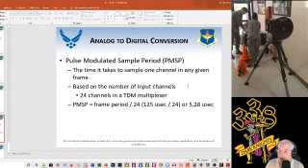So if you take 5.28 microseconds and look at each one of those 24 channels, it's going to add up to your frame period. So frame period is big, PMSP is small. PMSP is the time it takes to sample one channel in that one little frame. So those are the key differences between those two. And I hope I cleared that up because I get that a lot in some of the other classes too.